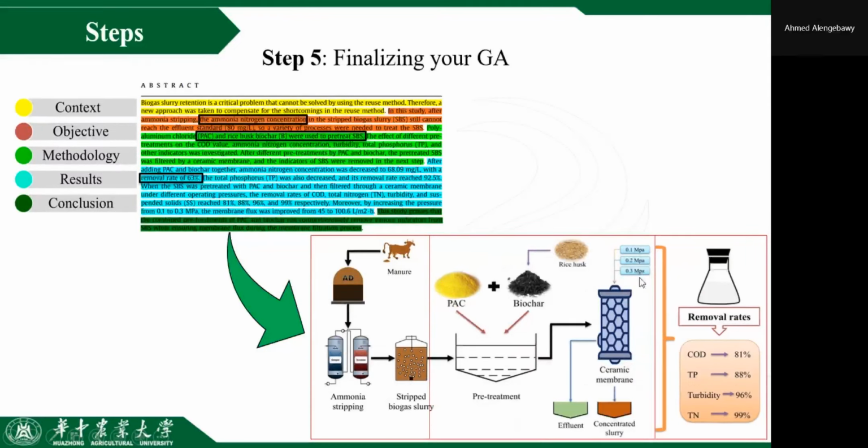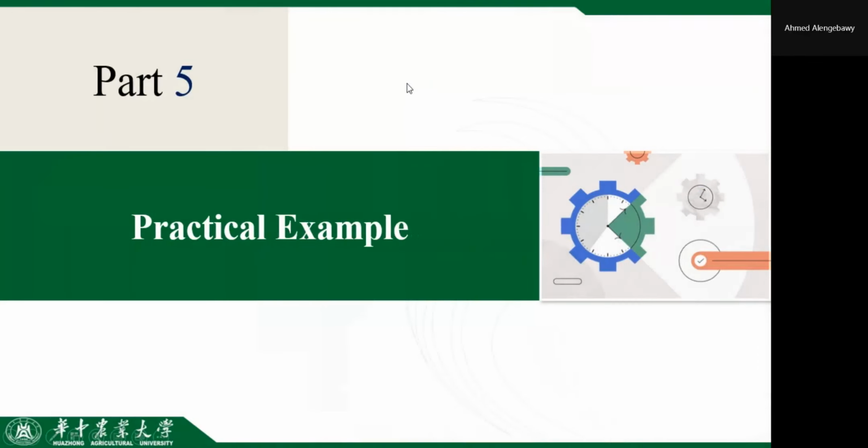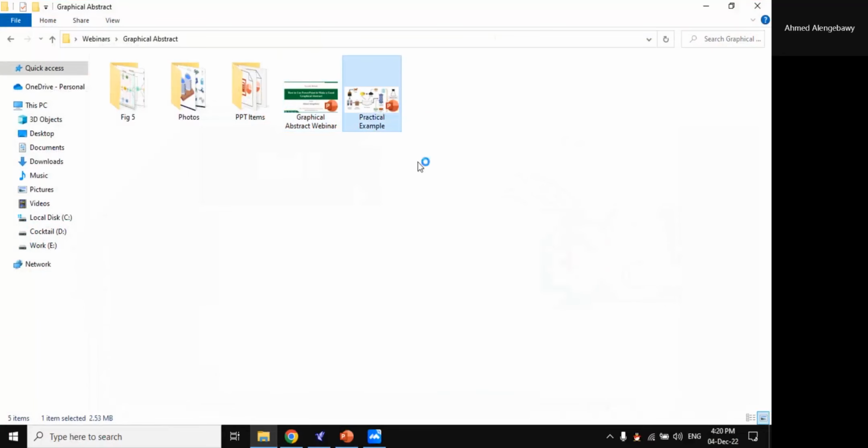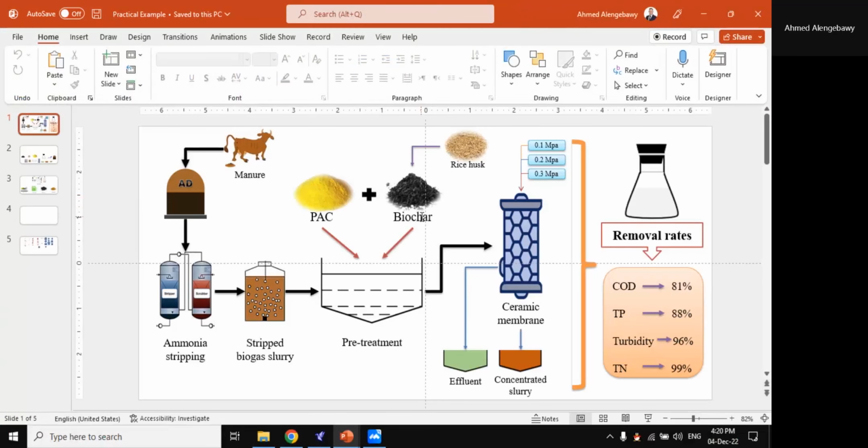So now we have a complete graphical abstract, and it shows the main points of the article. So let's go directly to the practical example, because I think it will take time today. So I prepared here a practical example, this one.